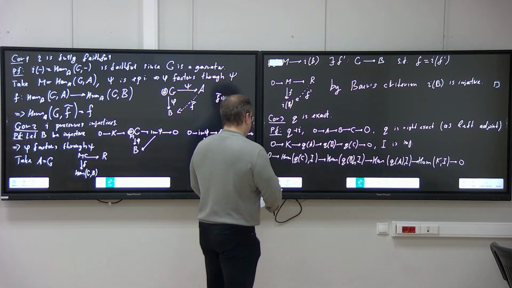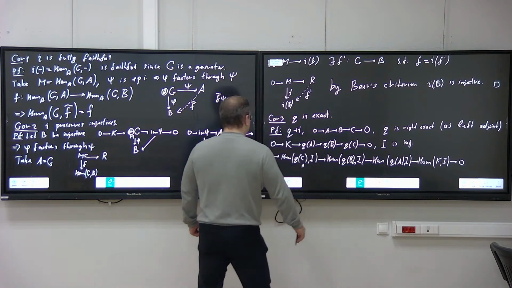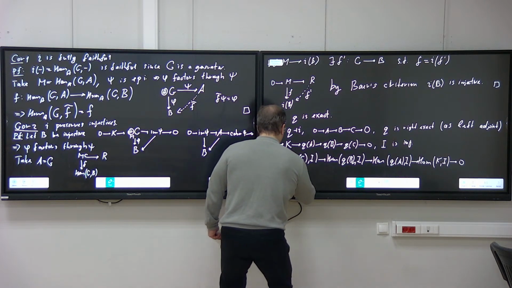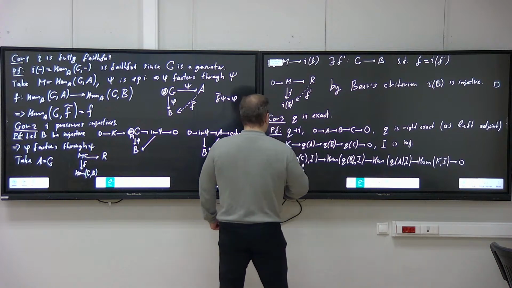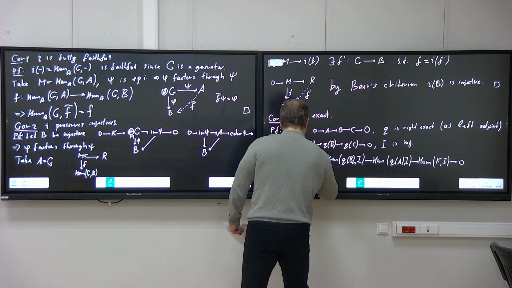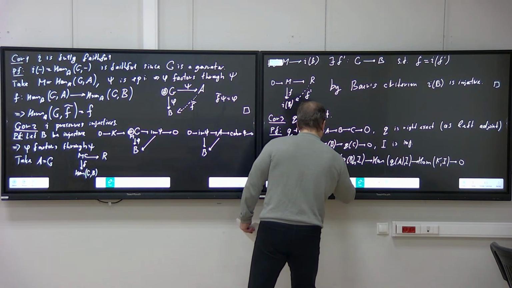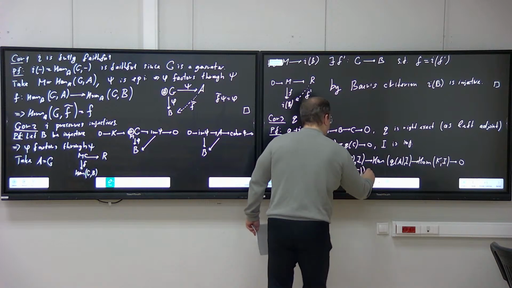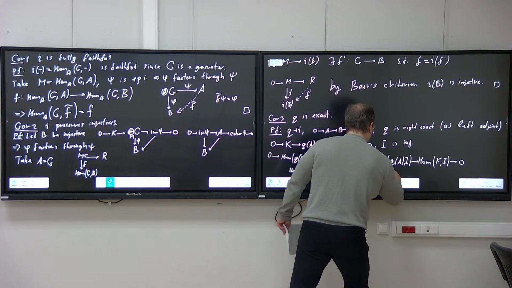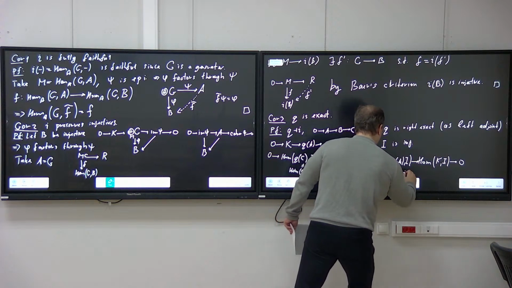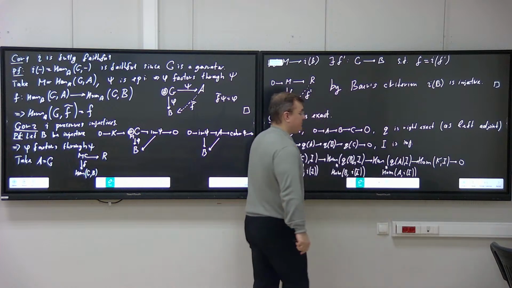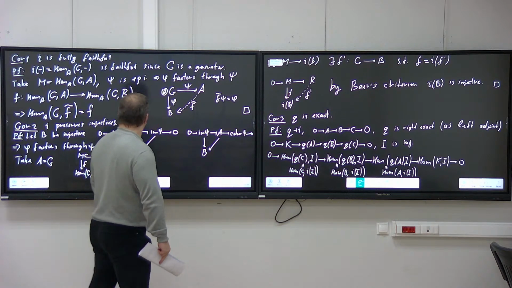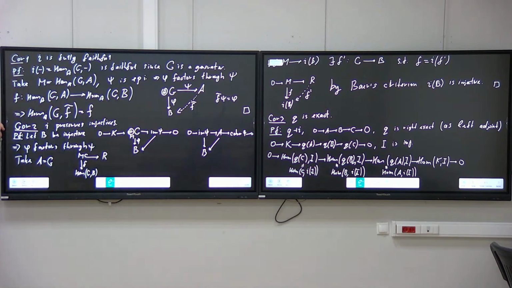Now I can use the adjunction, right? So I can write this as the Hom of C, I applied to the object I. This will be the Hom of B, I of object I, and finally this is also Hom of A, I of object I. But I of the object large I is still injective by corollary number 2.